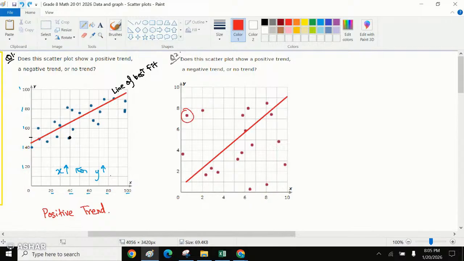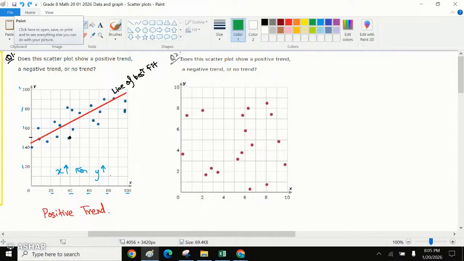So we cannot say it's a positive trend. If I draw a negative trend, so many of the points which are far away are also not justified. They are not following a pattern, right? So we say it cannot be a negative trend either.